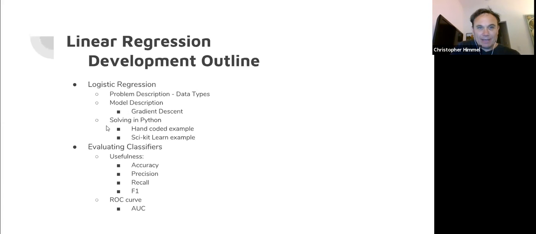And then we're going to jump into Python and do the coded example, do the handwritten example that we developed up here, and then we're going to use scikit-learn, their model library, to perhaps do a much better job at getting the answer.